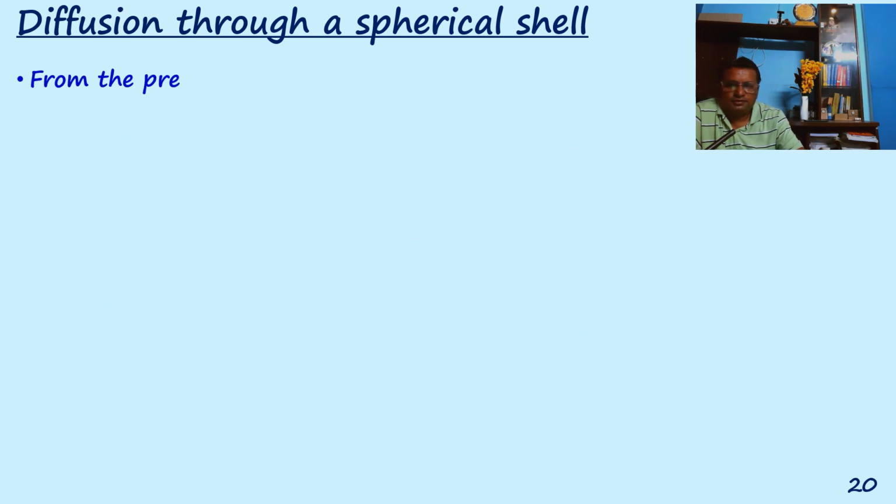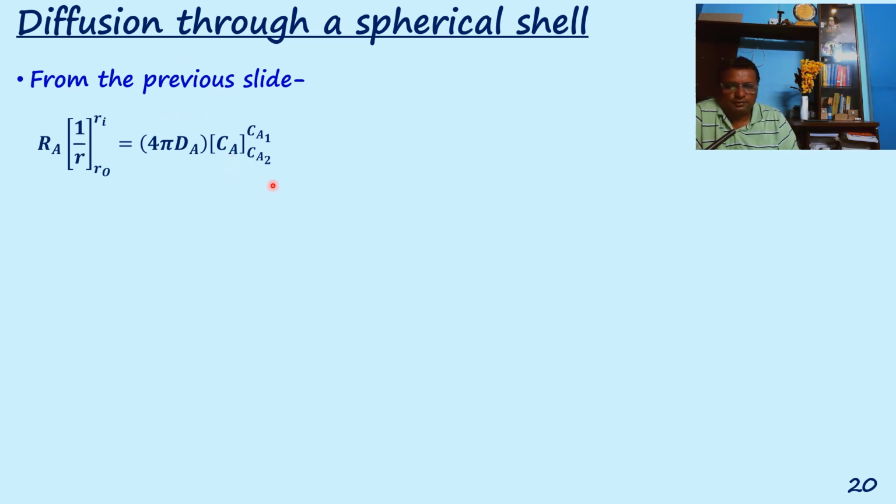Okay, now let us continue with the previous equation. So you had this equation, Ra into 1 upon r, R0 to Ri, that is equal to 4 pi dA into Ca from Ca2 to Ca1, the limits. Now we have to apply the limits.